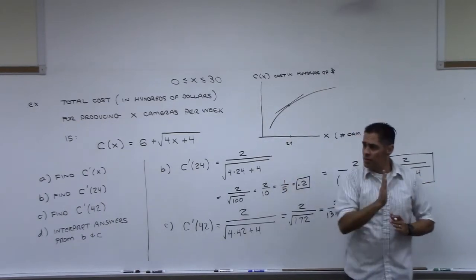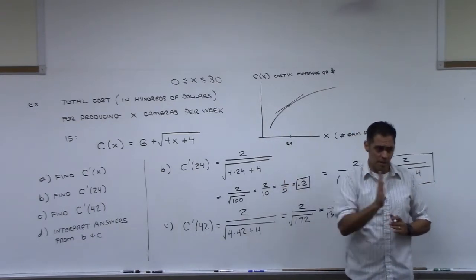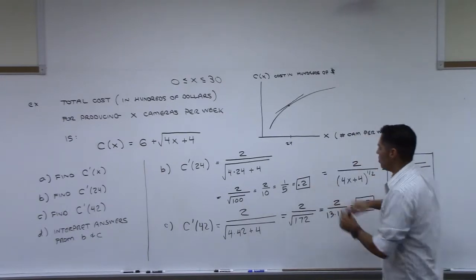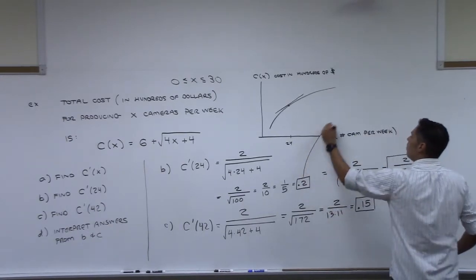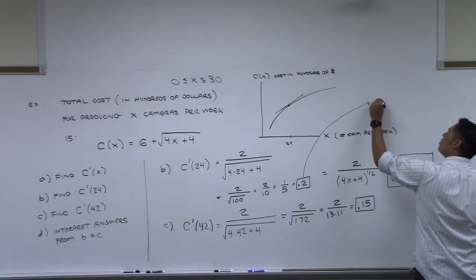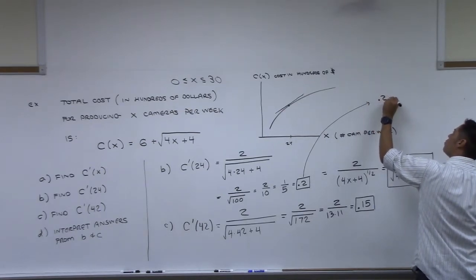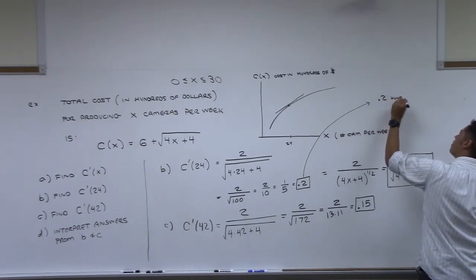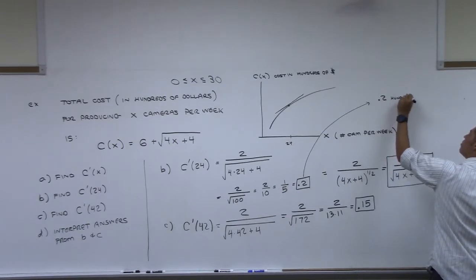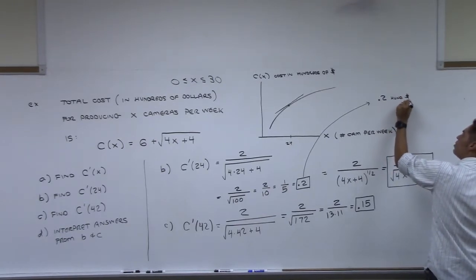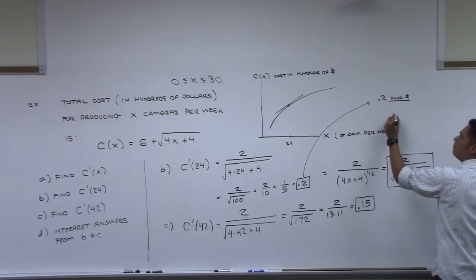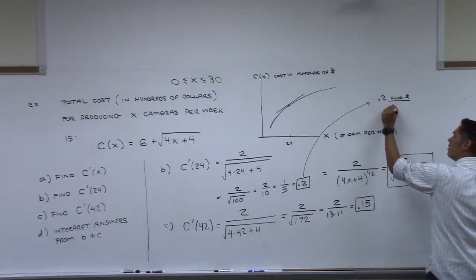And our run is number of cameras. So this 0.2 right here, we want to look at as 0.2 hundred, which is $20. Per means division. Per what? Camera. Per camera.